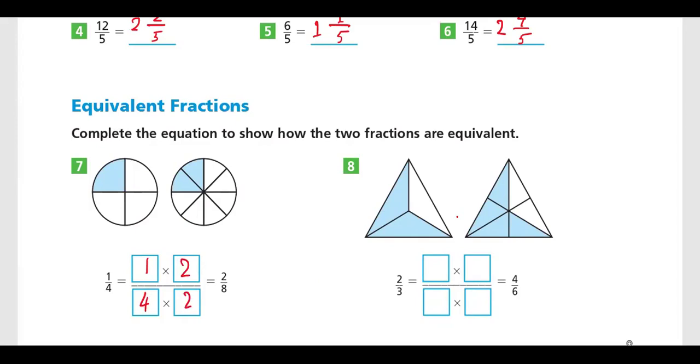So 1 times 2, multiply up by up, down by down, numerator together and denominator together. The same with 2/3. We multiply 2 by 2 up and down. It will be 2 times 2 is 4, 3 times 2 is 6.